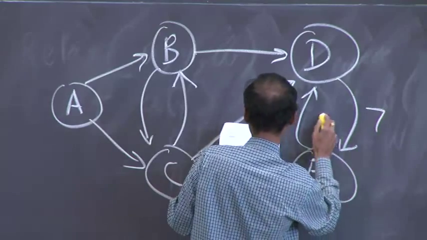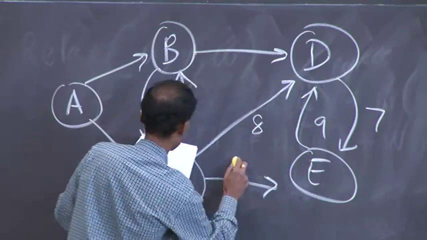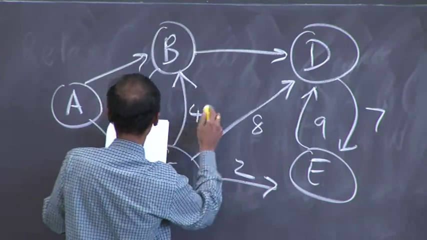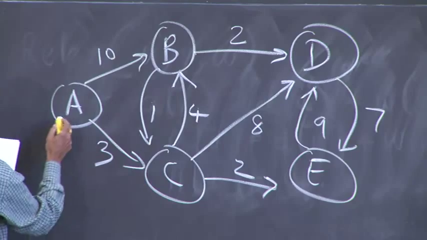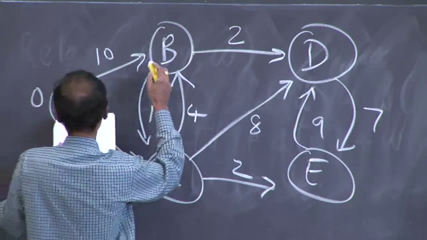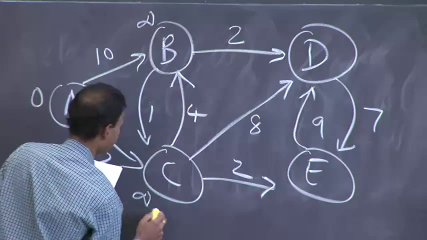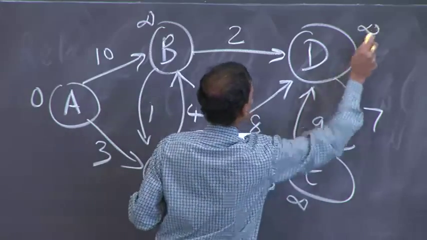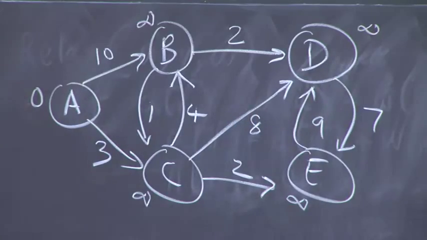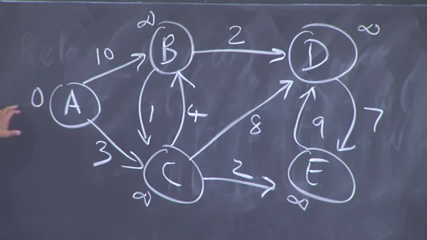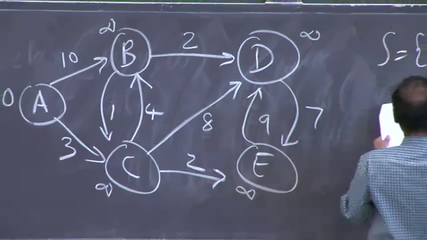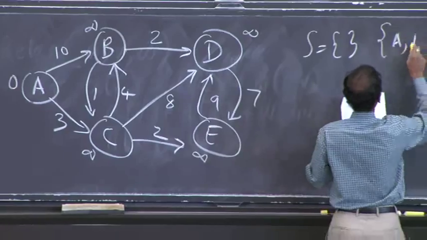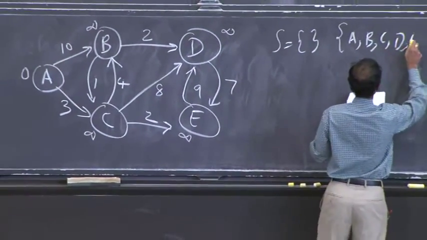So that's 7. Right. So you start with A being the starting vertex. D of A is 0, and D of B through E are all infinity. Your S is null to begin with, and Q has all of the 5 vertices in it.